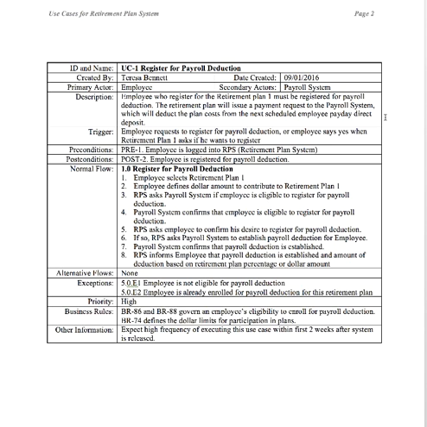The retirement plan will issue a payment request to the payroll system, which will deduct the plan costs from the next scheduled employee payday direct deposit. So we're saying that they must take payroll deduction if they are using retirement plan 1. And yet we're saying in our trigger that the employee requests to register for payroll deduction, or the employee says yes when retirement plan 1 asks if he wants to register.